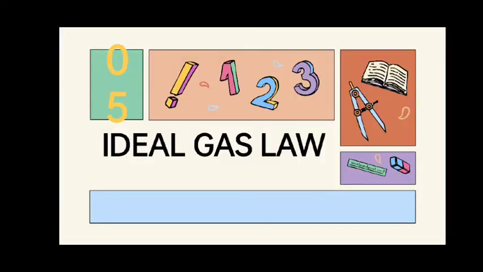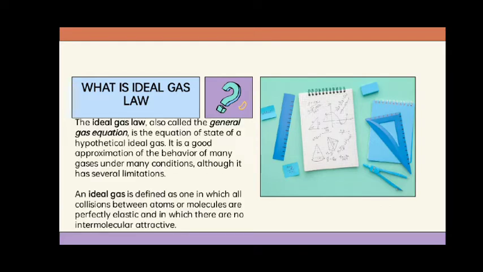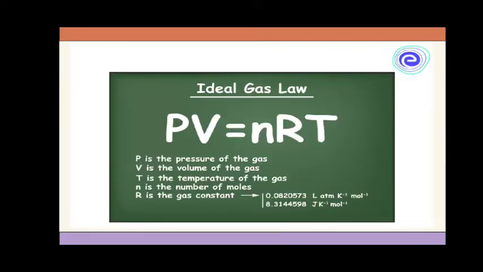And for our last law, which is the ideal gas law. So what is the ideal gas law? The ideal gas law is also called the general gas equation. This is the equation that states all of the gas laws. The working formula for the ideal gas law is PV is equal to nRT.